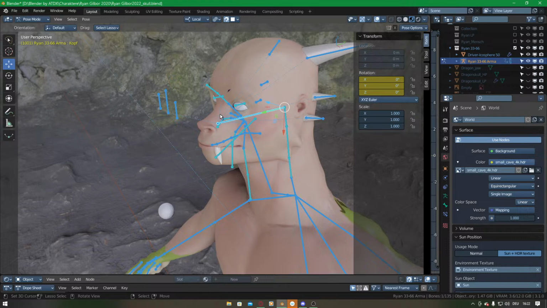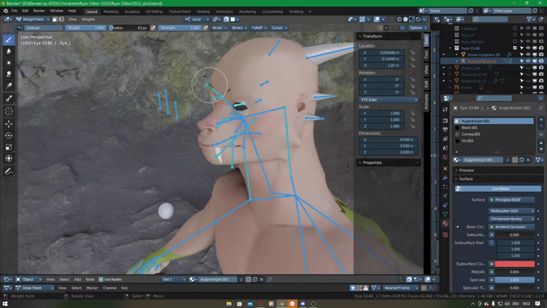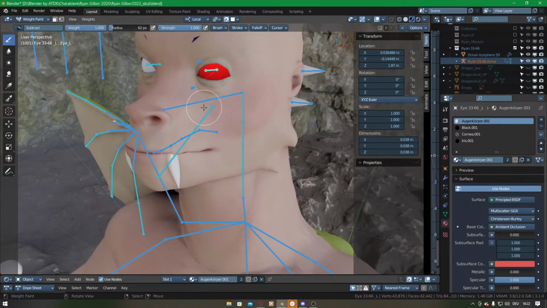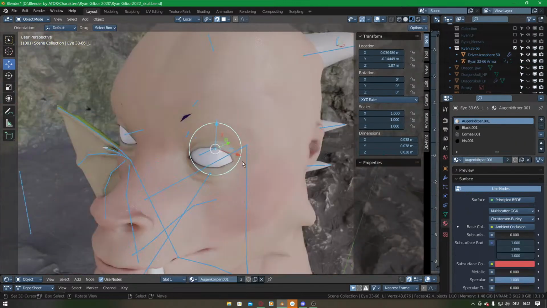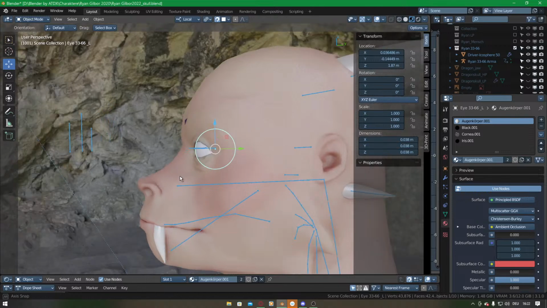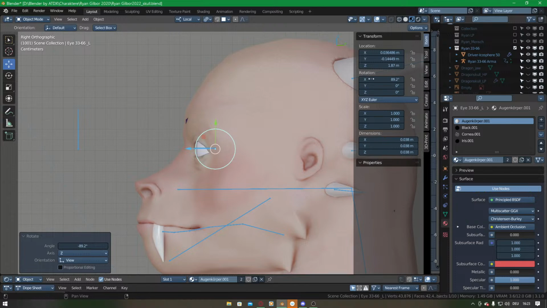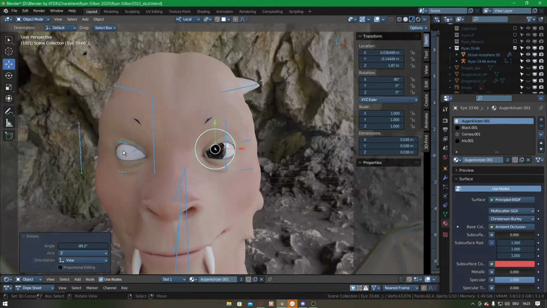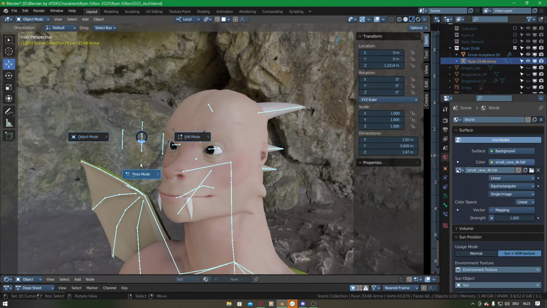Well, I converted him from the one over here, so it's as if his... I probably reset the rotation, so that's why he wasn't looking.